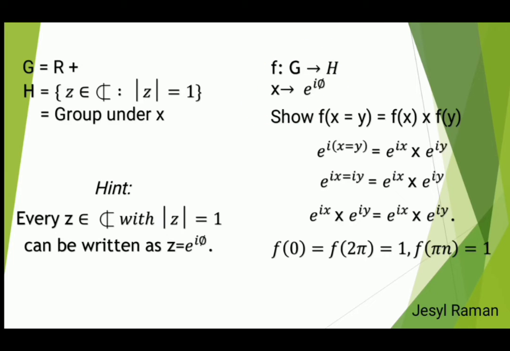For f to be a homomorphism, we must have f of x plus y equal to f of x times f of y. This is true if and only if e to the i times x plus y is equal to e to the ix times e to the iy.